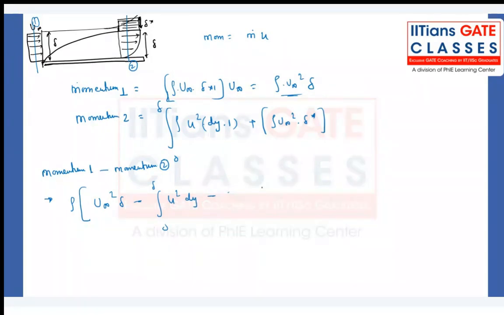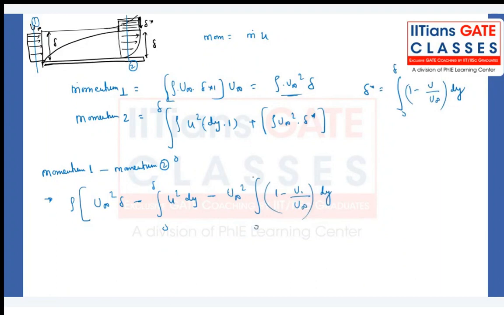Here I can write u infinity square. What is the delta star? 0 to delta, 1 minus u by u infinity into dy. Can we write like this? No problem at all. Tell me, guys, any problem?